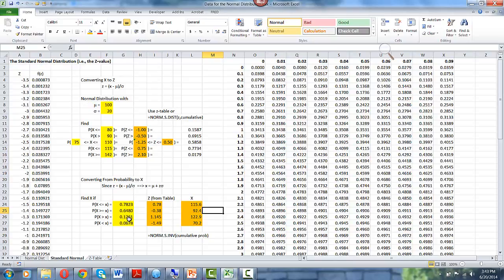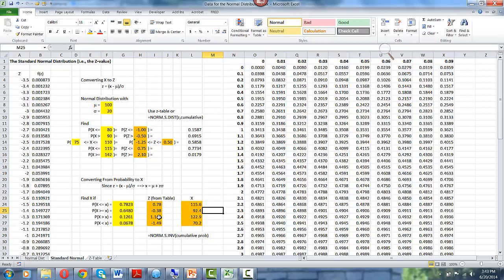Some other calculations for x greater than or equal to 0.1261. So now we have to take 0.5 minus 0.1261. So we've got 0.3739. 0.3739 is not here, but it is halfway between 1.14 and 1.15.